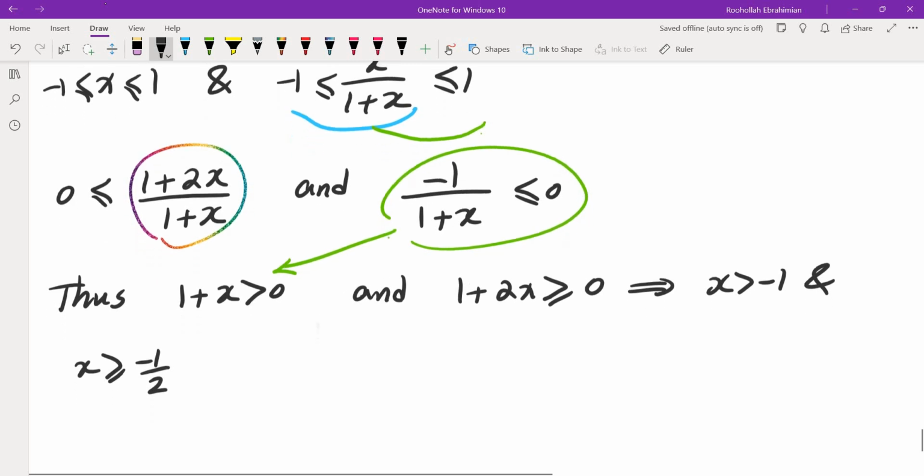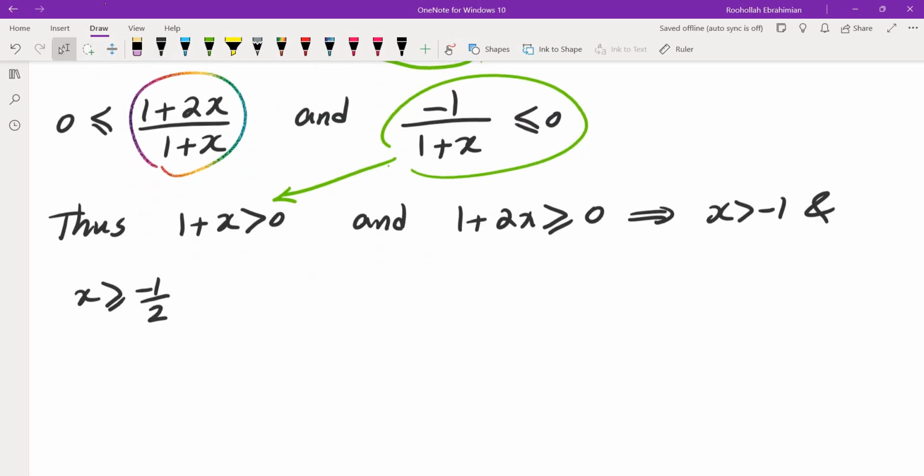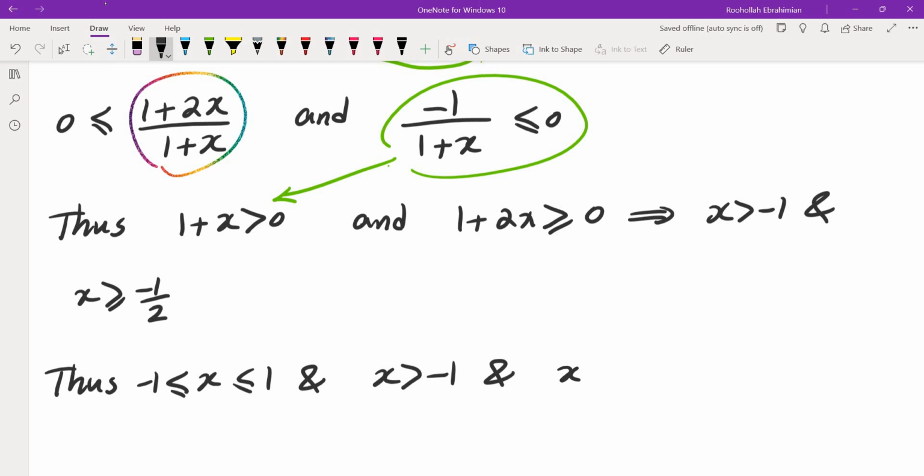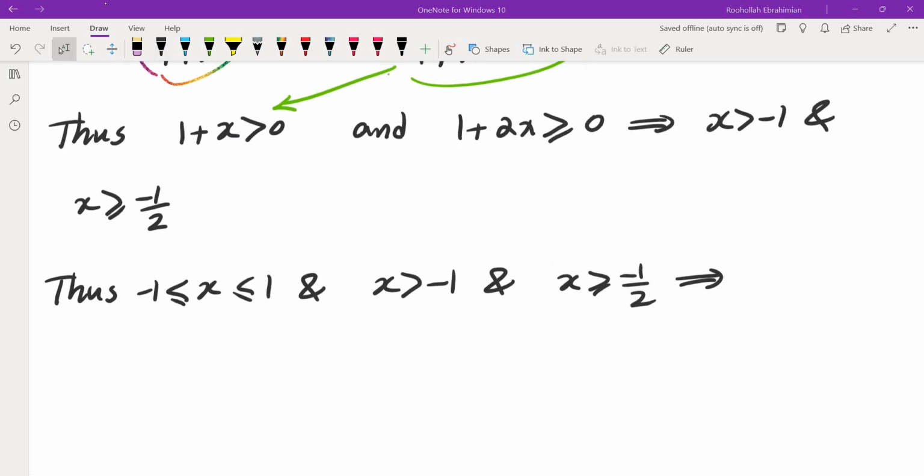And we also know x is between -1 and 1. So these are the conditions that we need. x is between -1 and 1, x is greater than -1, and x is greater than or equal to -1/2. So this means x must be anywhere from -1/2 to 1.